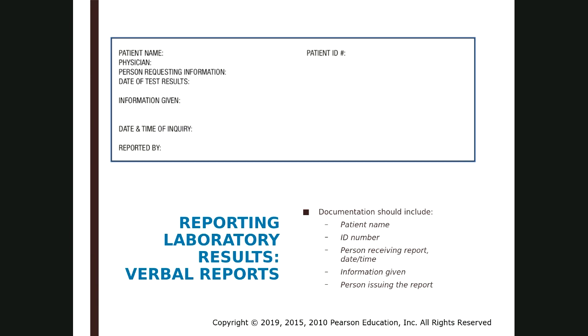The documents will have the following information: the patient's name, ID number, person receiving the report, date and time, and information given by the person issuing the report, so that we have a secondary resource to reference back to in case of any miscommunication. Please also read the clinical alert on page 418.